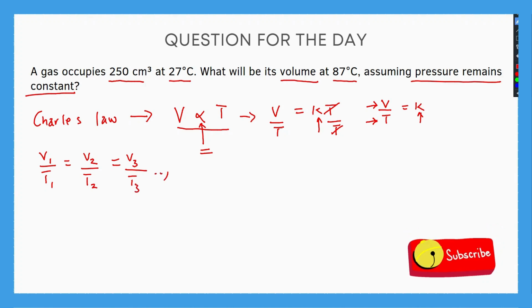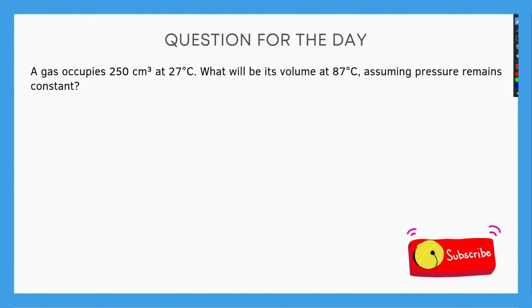So the gas law that applies to this chemical question is Charles' law, which states that V1 over T1 is equal to V2 over T2. So let's go ahead and apply this equation to this question and see what we're going to arrive at.